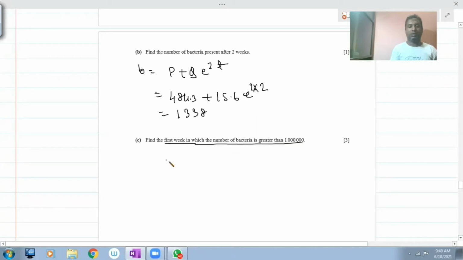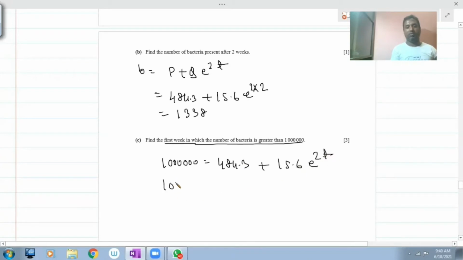So B is substituted by 1,000,000, and P is 484.3 plus Q is 15.6 e to the power 2 times t.